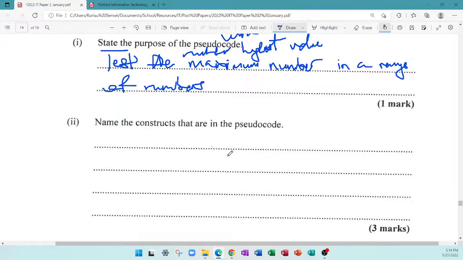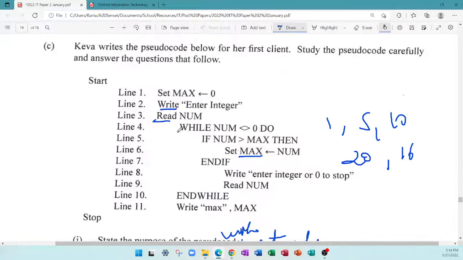So basically all the keywords and statements. So while, if, not end if, not end while, because those aren't keywords or statements. They basically just tell you when is the end of the while and the if.